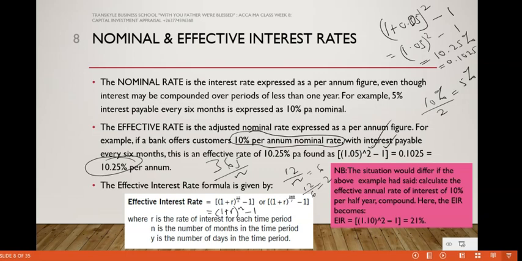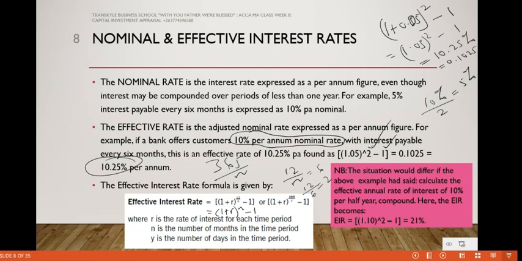But the same figures could be given in a situation where the question says calculate the effective annual rate of interest of 10% per half year compound. If we are required to determine that, then we just use the 10% as given, but our power still remains as 2, because n is only for the number of periods the interest is going to be payable.